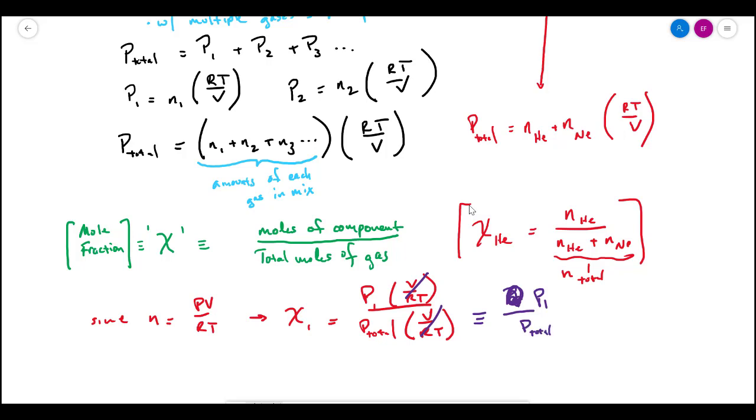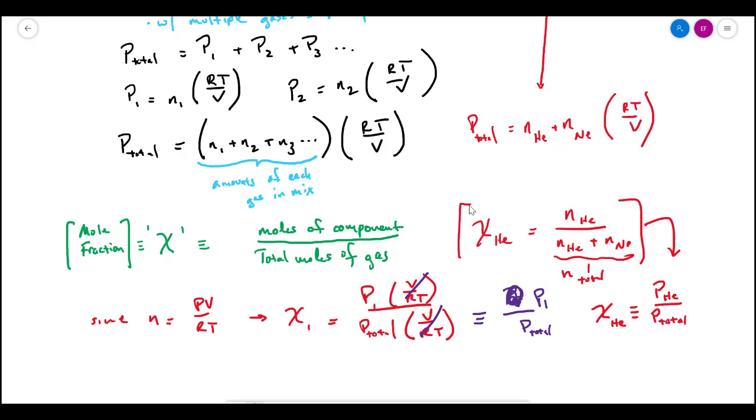So if we're thinking about this with this example here, another way to write this would be: the mole fraction of helium is not only the literal mole fraction, how many moles of helium divided by the total moles, it can also be written as the partial pressure of helium divided by the total pressure.